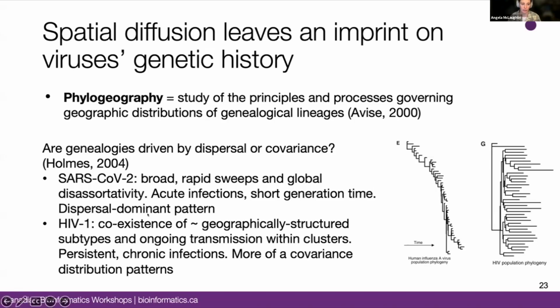And again, we can look at SARS-CoV-2 or influenza A virus versus HIV in terms of these dynamics, where SARS-CoV-2 has these broad rapid sweeps, as we saw when Omicron emerged, for instance, basically wiped out all other pre-existing diversity. And then we have this disassortativity where it's mixing and dispersing across geographies. And it has that dispersal dominant pattern versus HIV, which has the coexistence of geographically structured subtypes, ongoing cluster transmission, and persistent chronic infections. We're going to see more of a covariance distribution pattern.